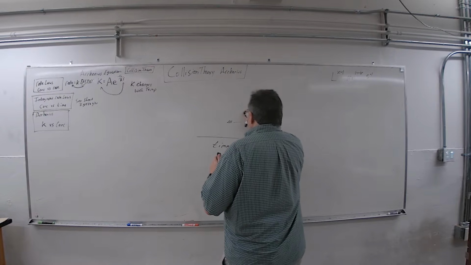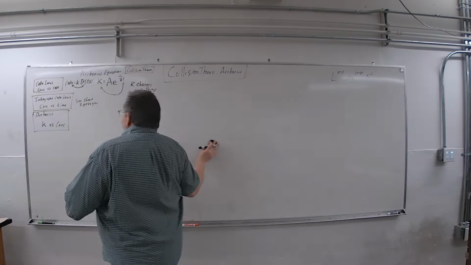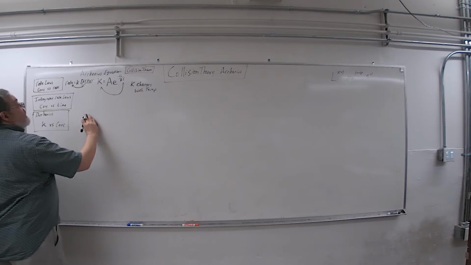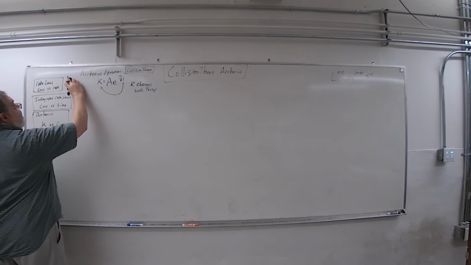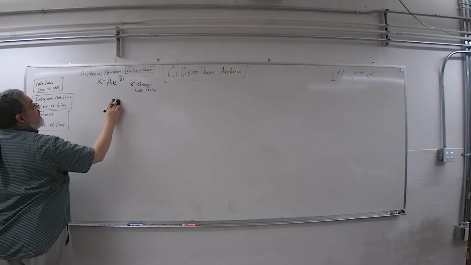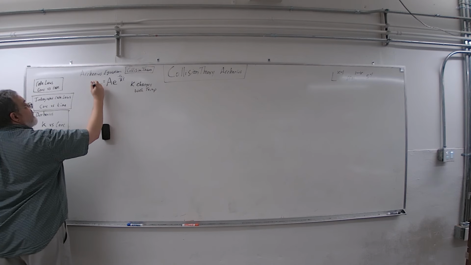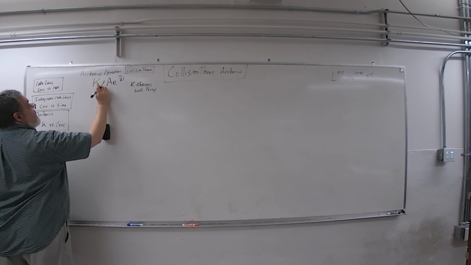So just as a way to help you keep track of all these formulas and graphs, this is the Arrhenius equation. Again, I'll give you any of these on the test.